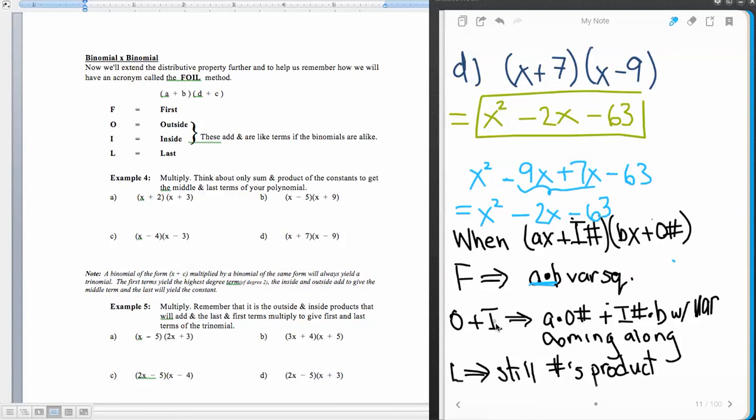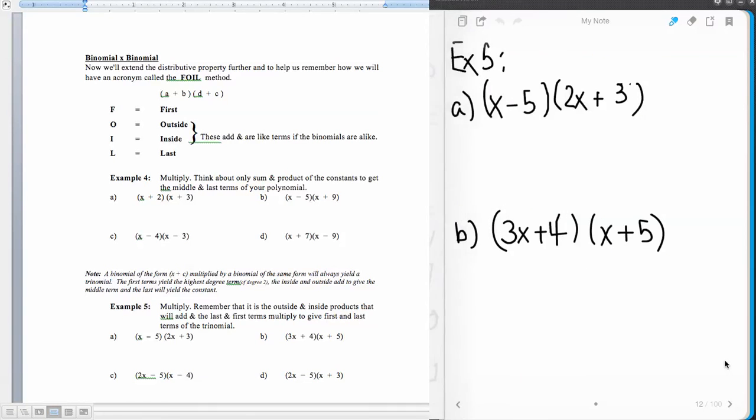And then the middle term in our trinomial, resulting from a binomial times a binomial of this type, comes from the a times the outside number and the inside number times the b being added up to go along with the variable. And then the last term is still the product of those two last numbers. So let's go ahead and take a look at these.